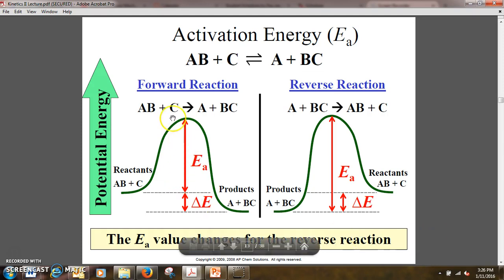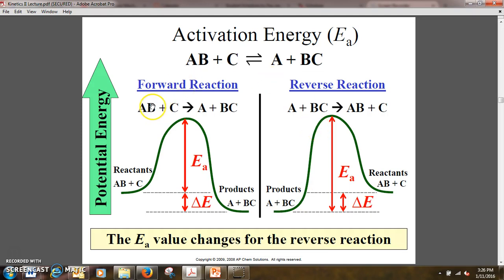We can talk about the activation energy of a forward and a reverse reaction as well, because remember, all reactions are reversible. So if we take the potential energy diagram of the forward reaction that we looked at earlier, the AB plus C, and we place a mirror in the middle of it, this is the potential energy diagram of the reverse reaction.